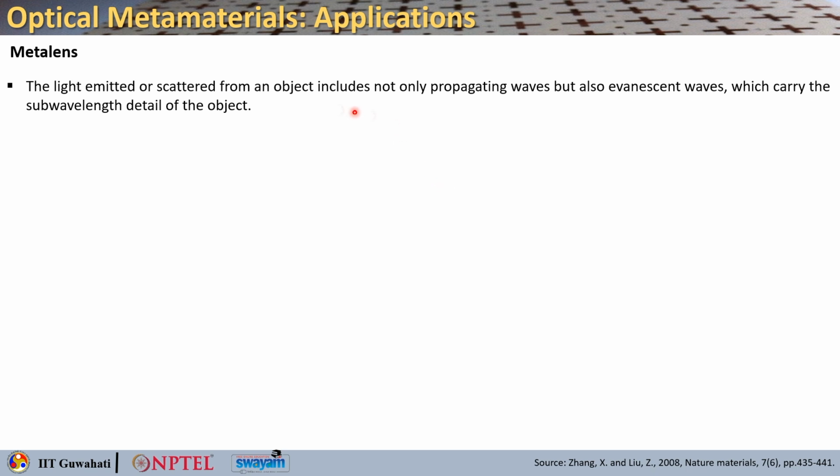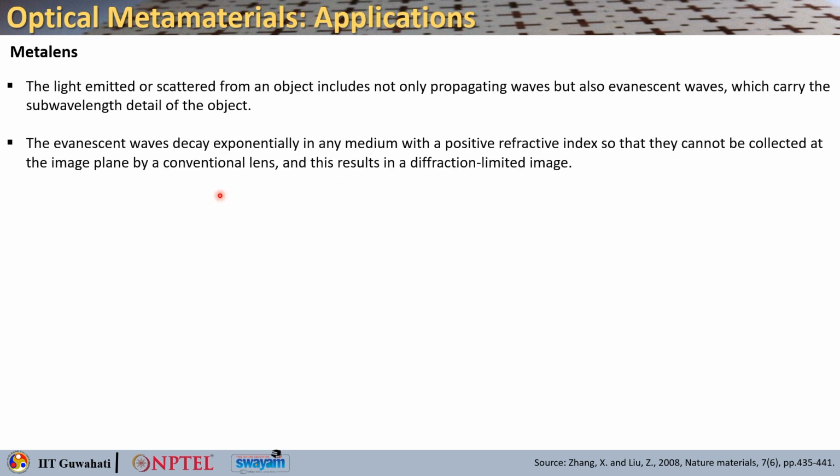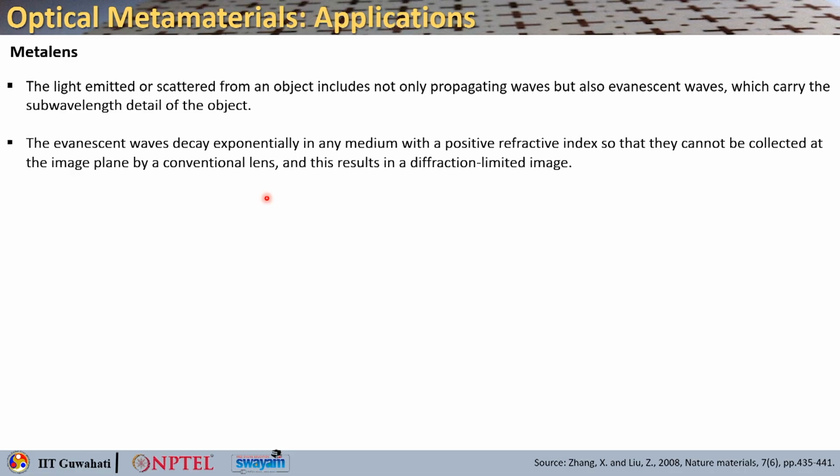The light emitted or scattered from an object includes not only the propagating waves, but also the evanescent waves that carry the sub-wavelength details of the object, the high spatial frequency components. Now, that was our main problem: the evanescent waves decay exponentially in any medium which has a positive refractive index. So, they were not being collected by the conventional lens, and that is what resulted in diffraction limited images.